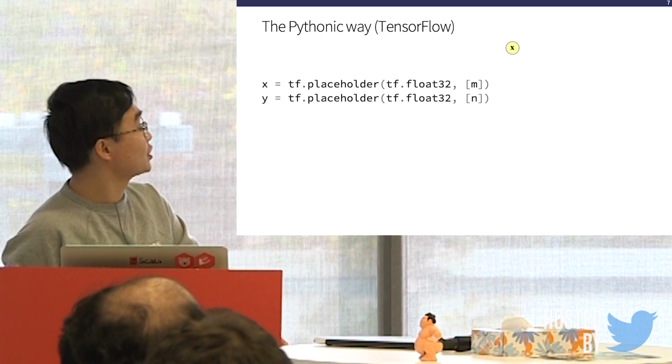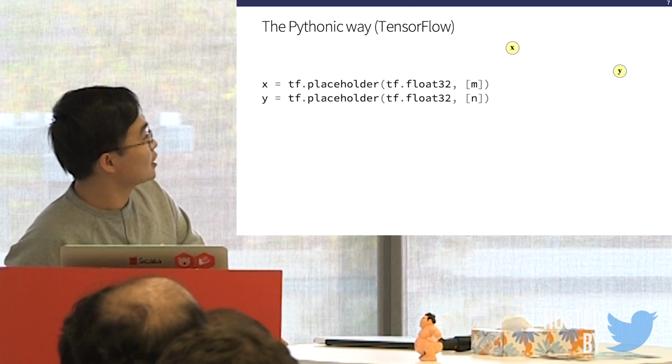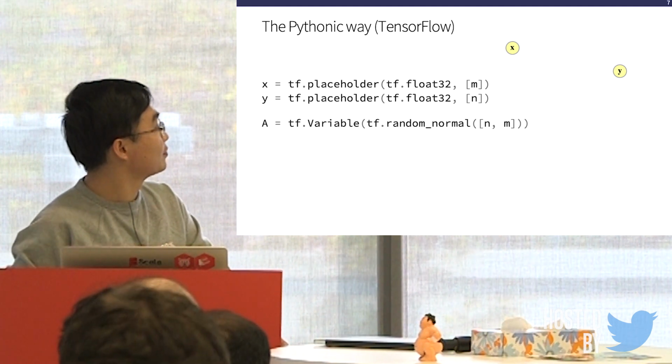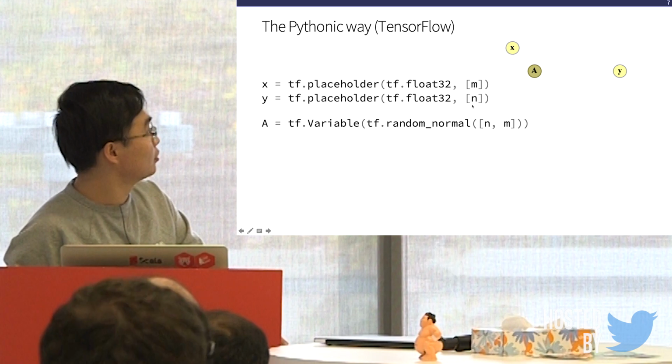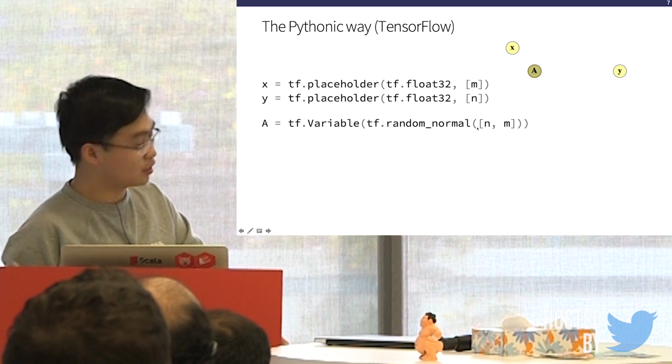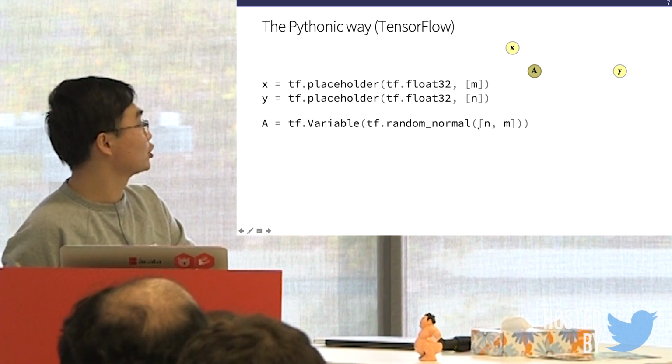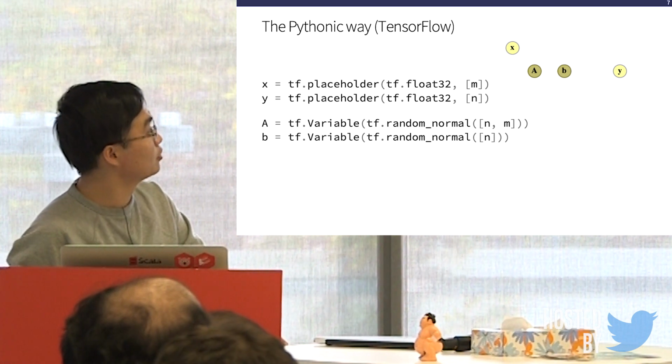And now we start with a Y, and this is the gold output Y. So we start with a parameter. It's a TensorFlow variable, and we initialize it with some normal distribution. B is also a variable.